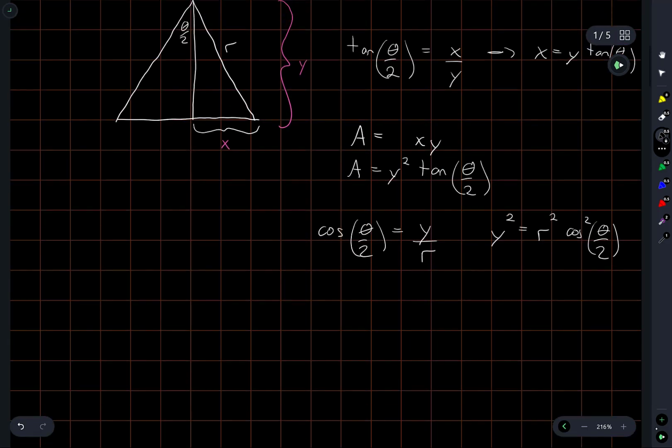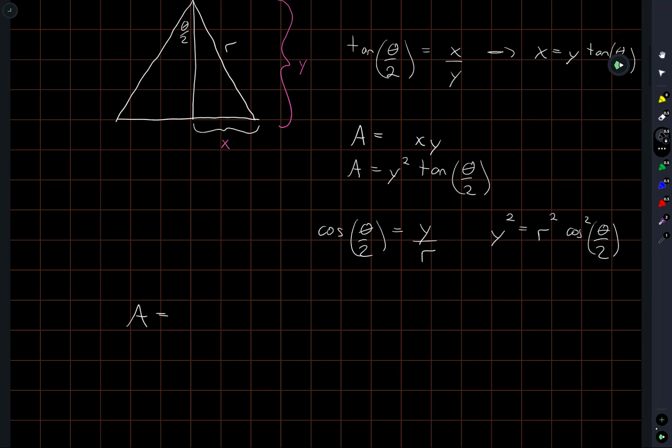I think now that I'm writing this all down, there was probably a much more straightforward way of doing all this, because I see I'm going to get things multiplied by other things here. Whatever, let's just continue. A is equal to y squared, r squared cosine squared theta over 2 times tangent theta over 2, but tangent is sine divided by cos.